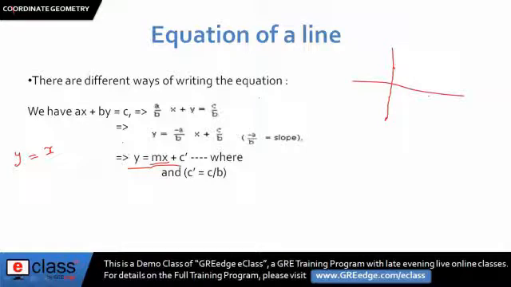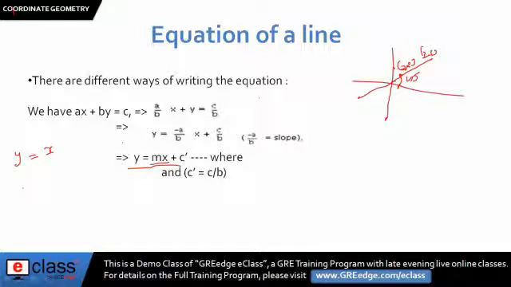Good, Panish. You can interpret in terms of slope. So it passes through the origin and it will make a 45-degree angle, right? This line y equal to x will make a 45-degree angle. Then what is the slope of the line? The slope of the line is nothing but 1, because all the values look like this: 2 comma 2, 3 comma 3. So the slope is going to be 1 for this equation.